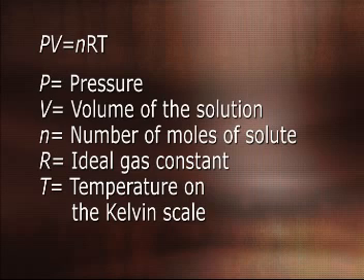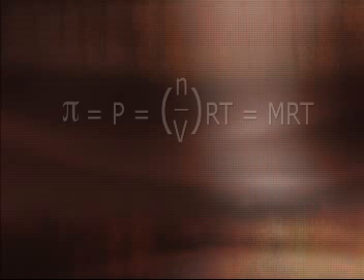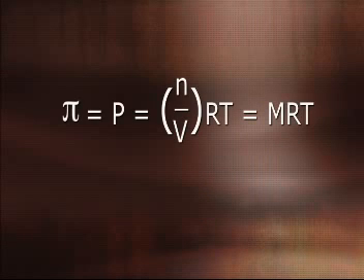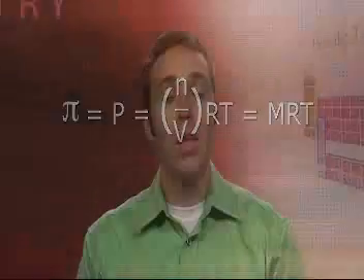R is the ideal gas constant. And T represents the temperature on the Kelvin scale. From this equation, we can write this, in which M represents the molarity of the solution.